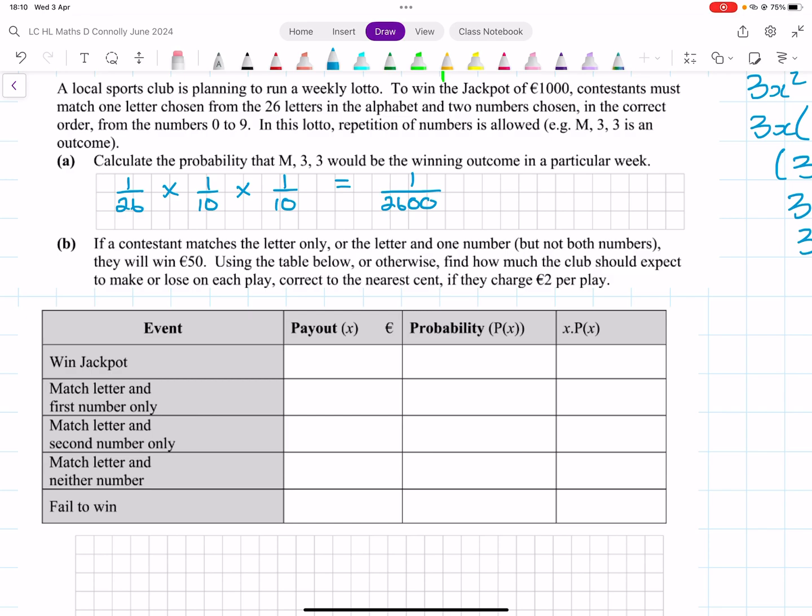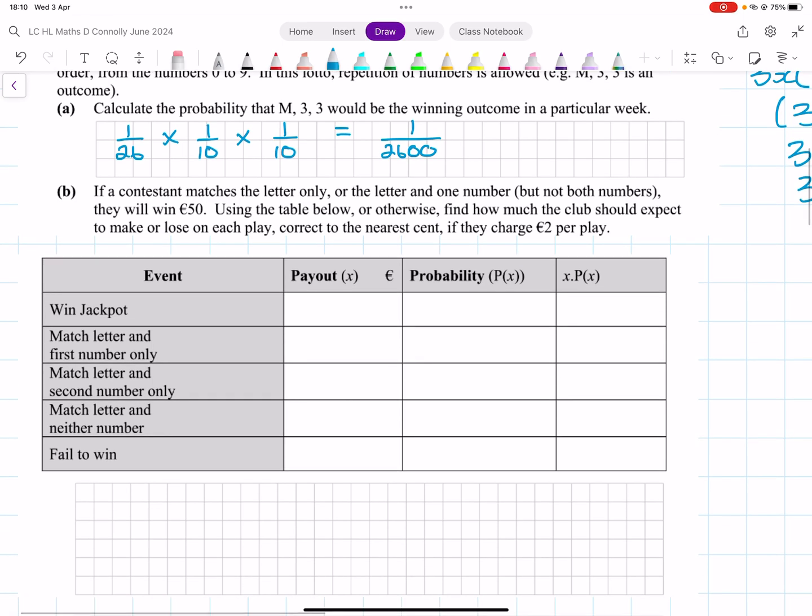If a contestant matches the letter only or the letter and one number, but not both numbers, they win €50. Using the table below or otherwise, find how much the club would expect to make or lose on each play, correct to the nearest cent. So if they win the jackpot, it's a €1,000 payout. The probability of that is 1 over 2600, and then multiply them, and you get 5 over 13.